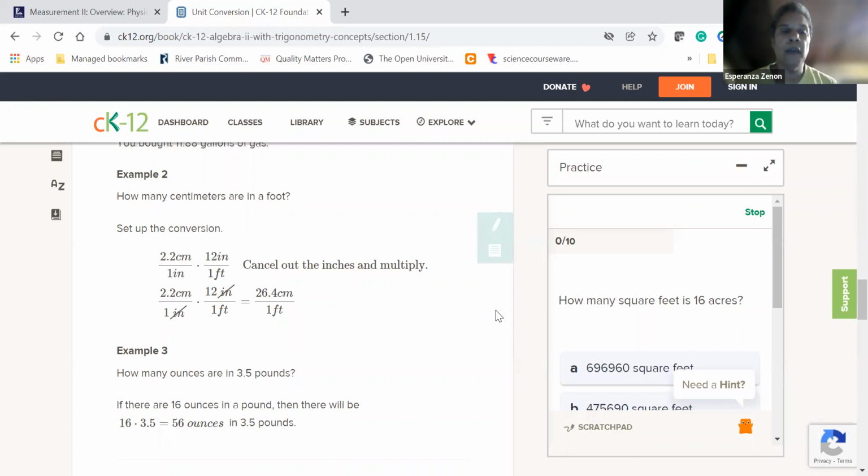And so when you cancel out the inches and you multiply 2.2 times 12, you get 26.4 centimeters per foot. So they're using the dimensional analysis technique here. I like this technique because I can readily see what unit I'm keeping and what unit I'm canceling.